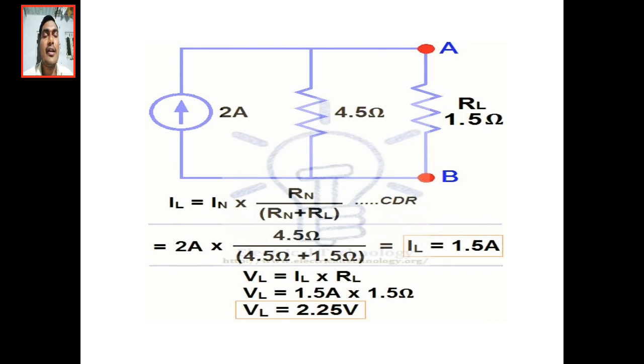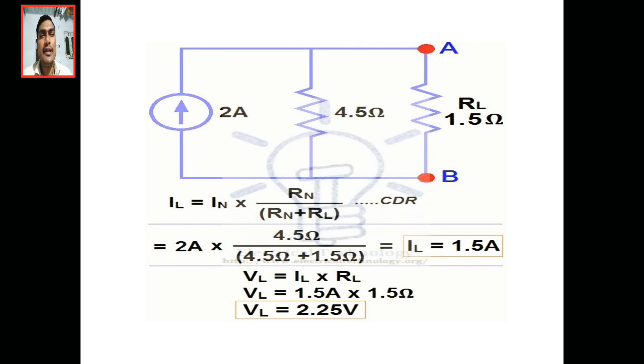The current source is Norton's current source, 2 amps. The resistance is Norton's resistance, that is 4.5 ohms. Okay. I already told you that the element which was removed, that is the load, in the first step we have to connect in parallel with the equivalent circuit.